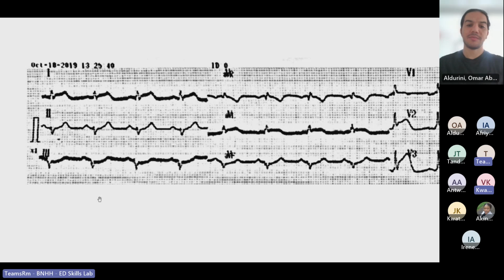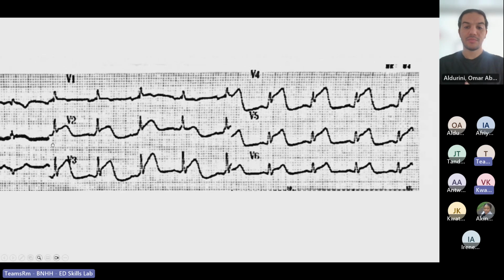Oh, but when we move towards the other side, towards the extreme, in V4, I can see some elevations there.